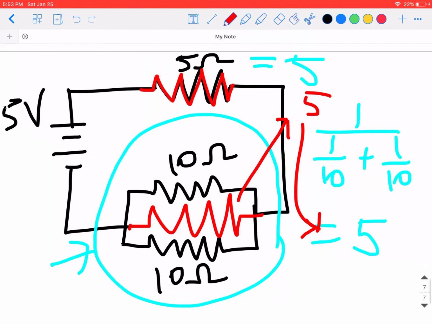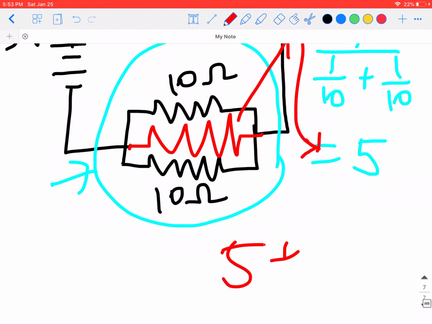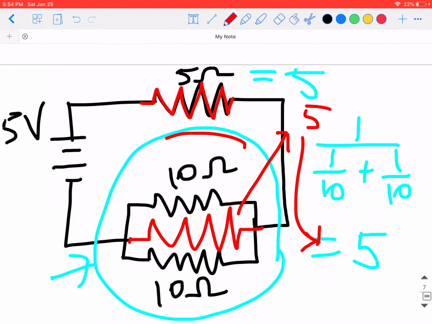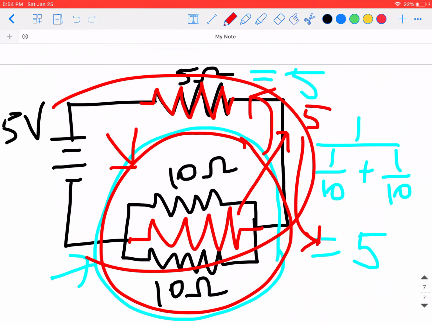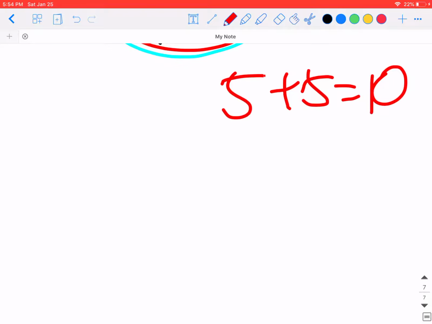So what you do next is just 5 plus 5 is equal to 10. If you didn't follow me there, it's actually pretty simple. Just make sure you calculate this value first, and then you add it to that. The reason is that this parallel part is in series with the other resistor. I know it's a little messy, but hopefully you'll understand it. If not, I'll go over it one more time.